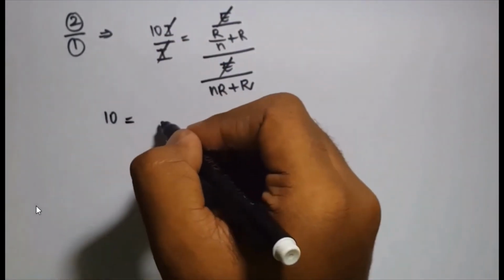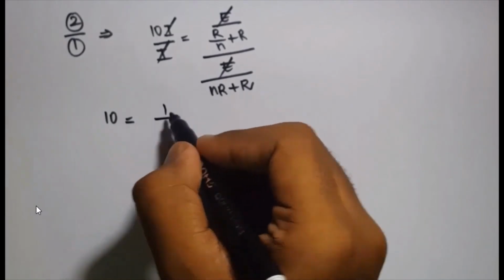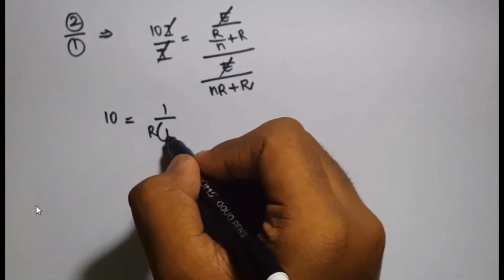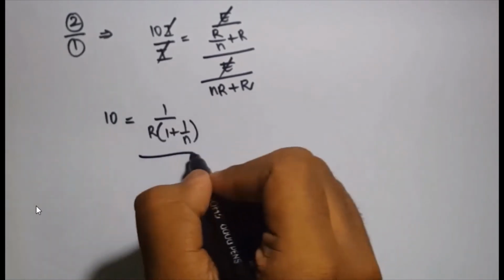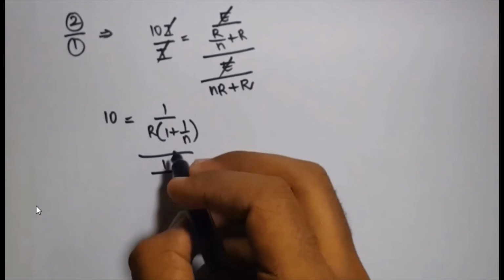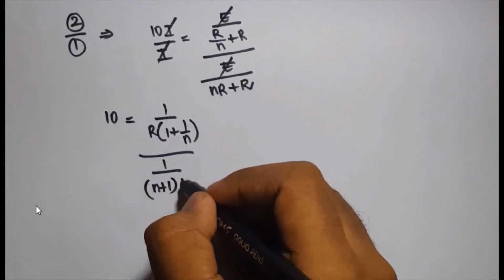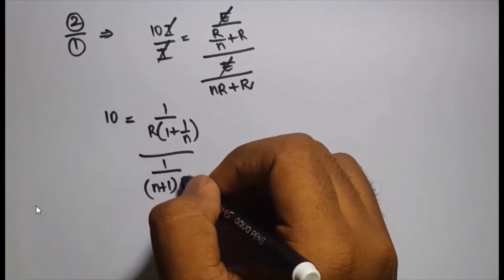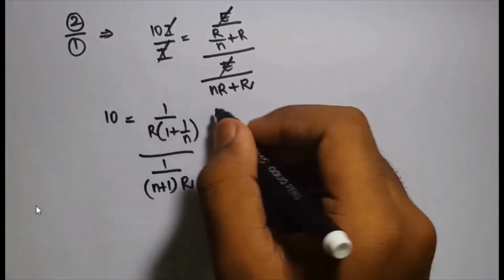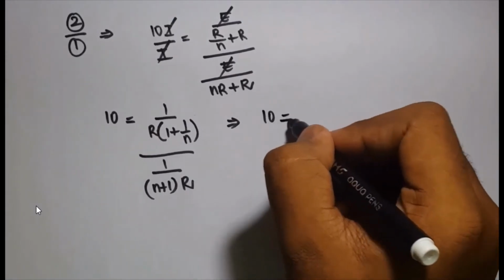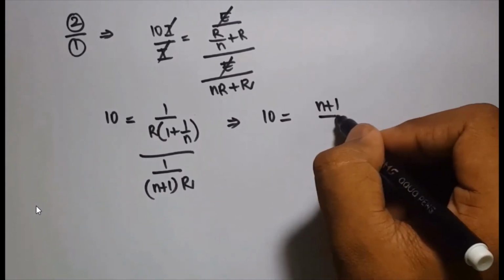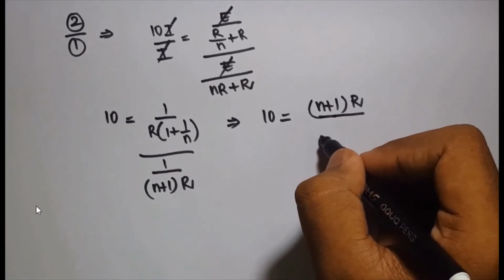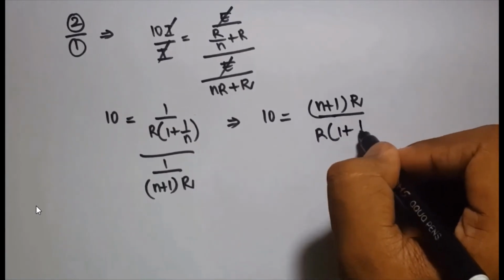So 10 equals 1 by R into (1 plus 1 by n), divided by 1 by (n plus 1) into R. Since this is the reciprocal of (n plus 1) into R, when it comes to the top it becomes 10 equals (n plus 1) into R by R into (1 plus 1 by n).